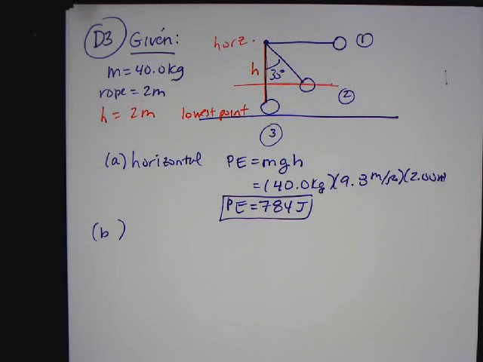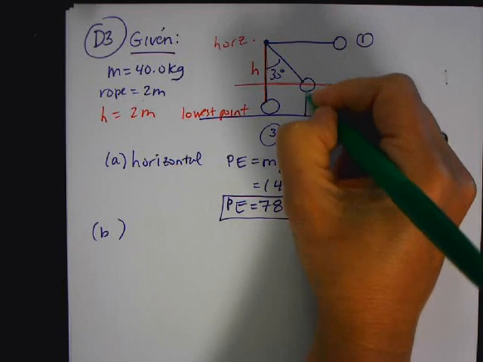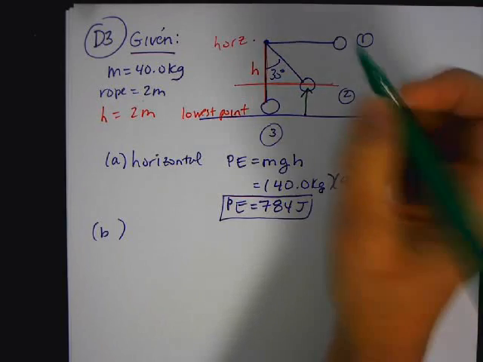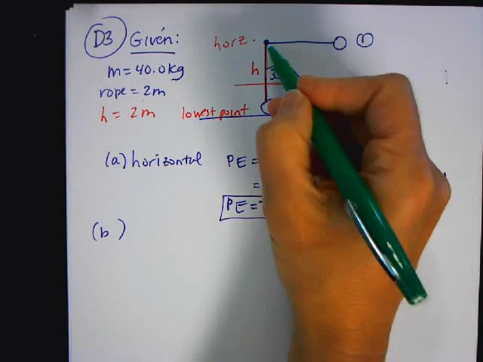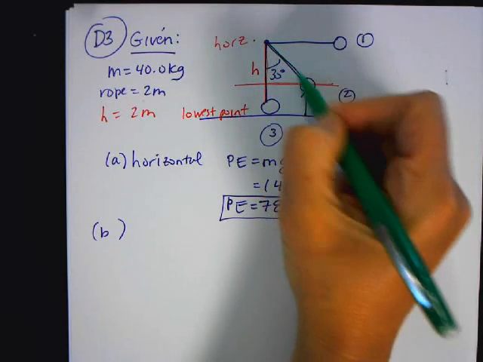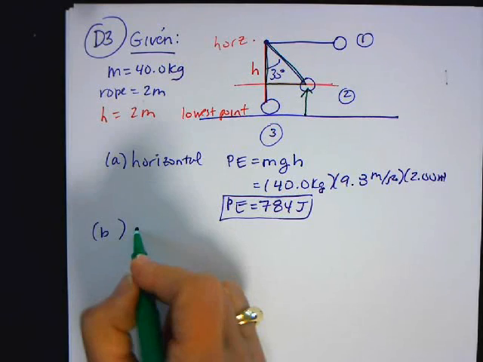The part that takes thinking is, let me take what I know of math and try to figure out how high this is above the ground, this height here. Well, I know this total length here is h. At this point, this is a triangle, so I'm just going to draw this to the side.